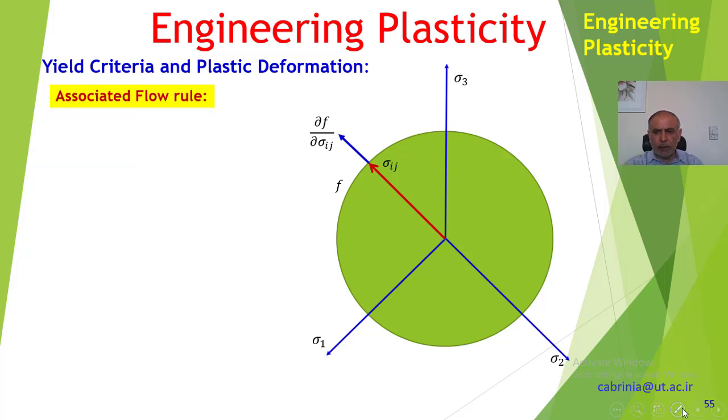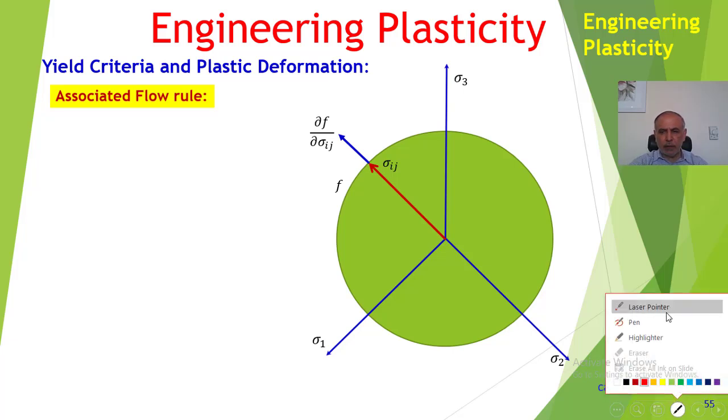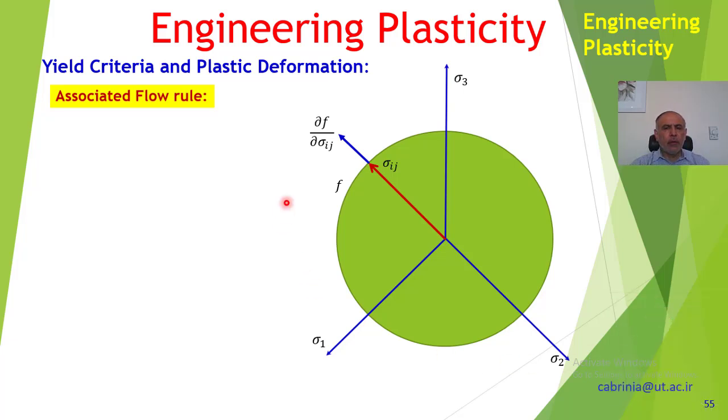Now in here, I have so far shown to you that the yield surface is convex and the plastic strain is perpendicular to the yield surface.